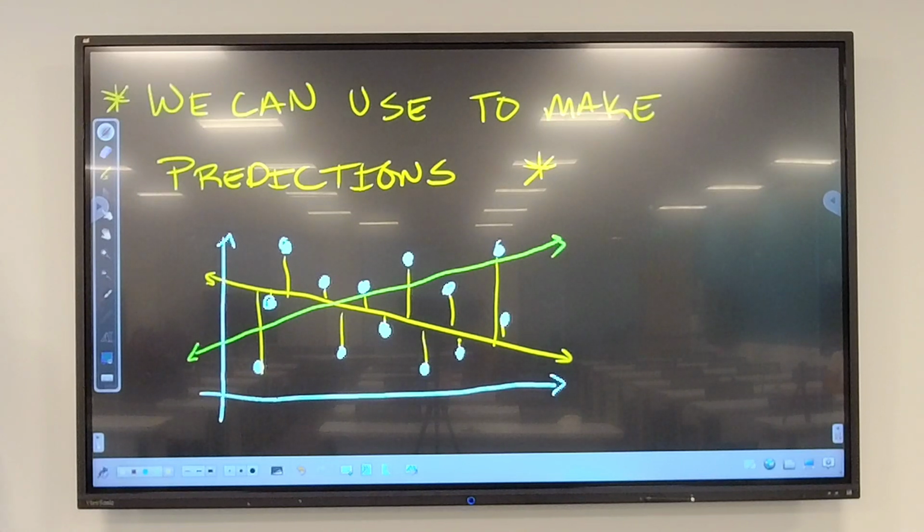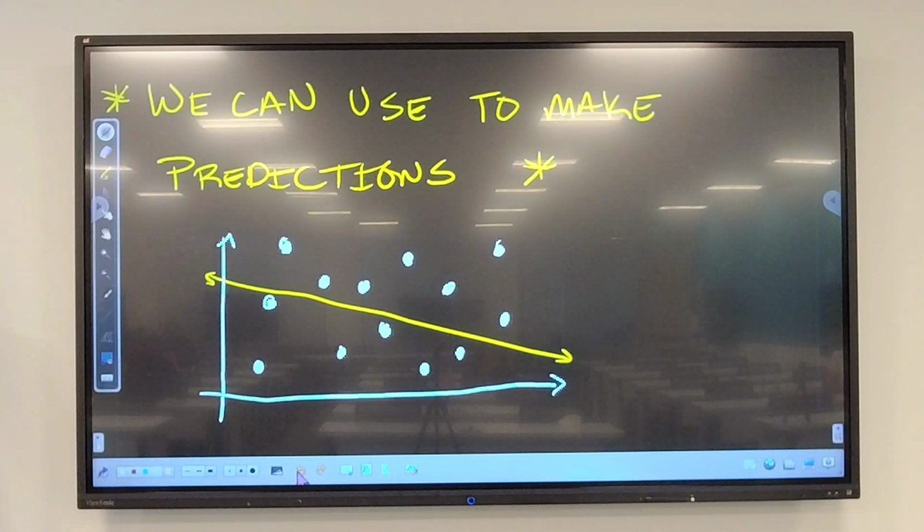If you had a data set like this, can you think of one other way to give a prediction for what you think the Y value should be?